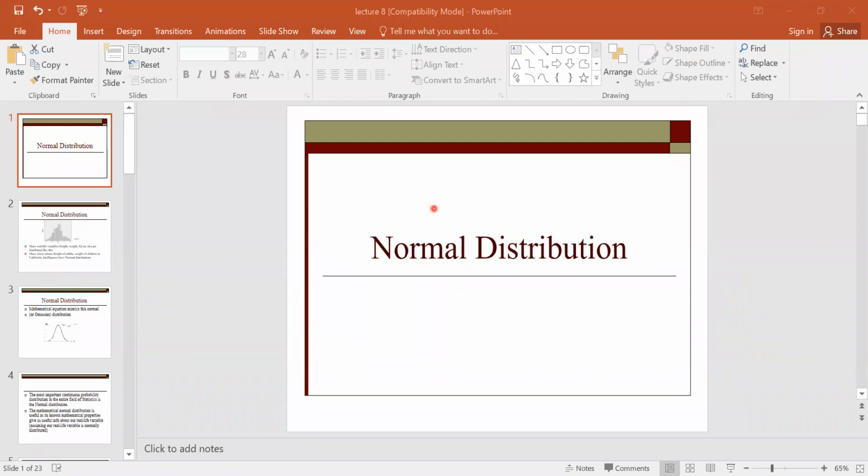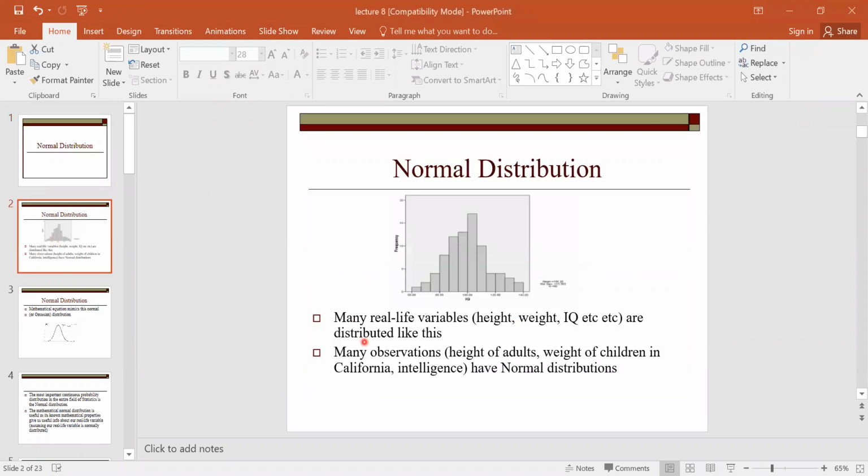In this video, you will learn about the normal distribution and its application, and how we use the normal distribution in different fields. So basically, a normal distribution is a bell-shaped curve like this. Many real-life variables like height, weight, IQ test, weight of children in a family, and intelligence are all distributed normally.